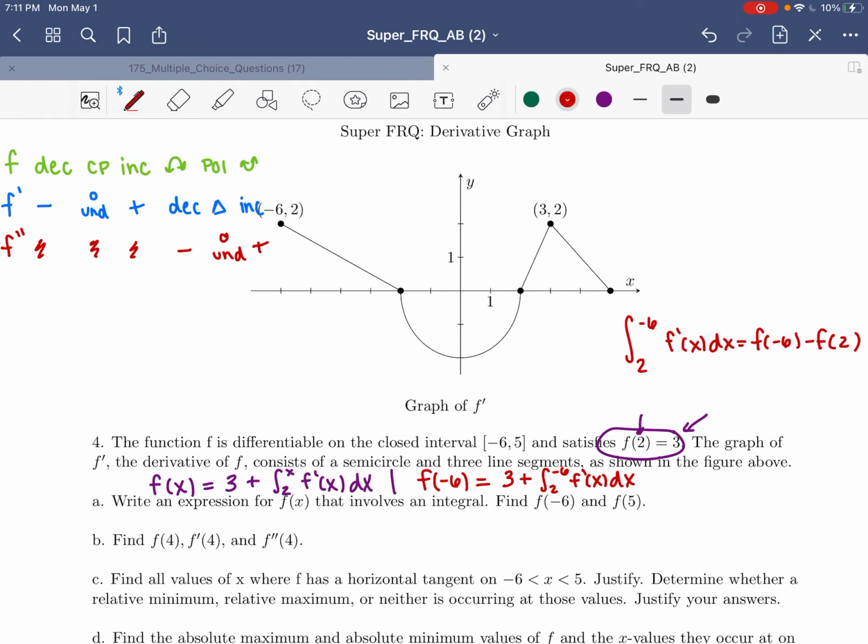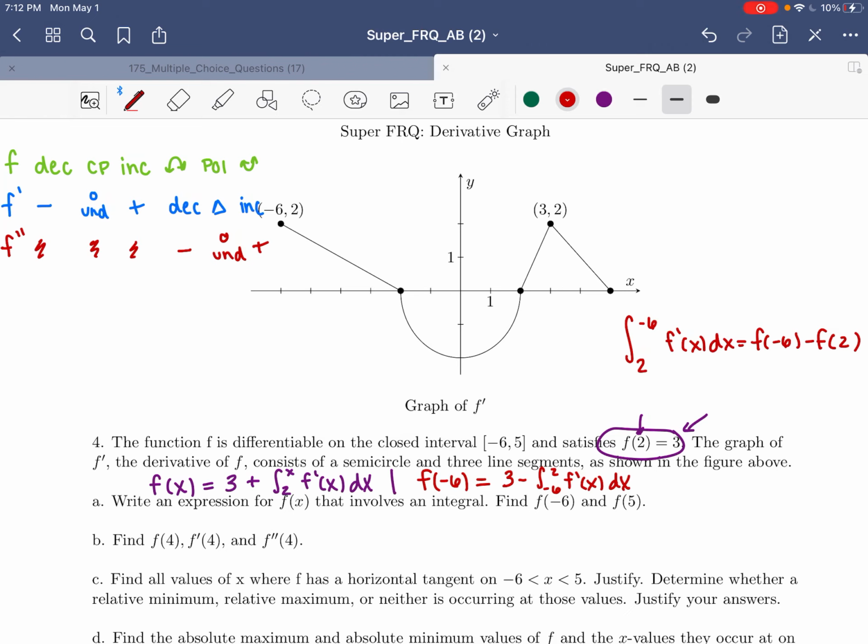But what is wrong with this integral is that it's in the wrong order. From 2 to -6, we really should change that. Since we're changing the order, we have to make it a negative out front. And it should be going from -6 to 2 of f prime of x dx.